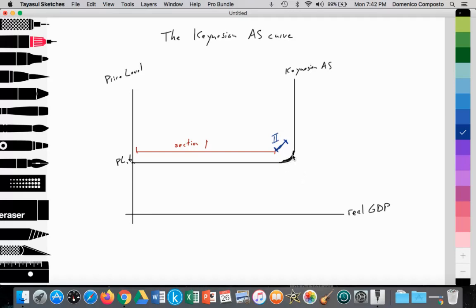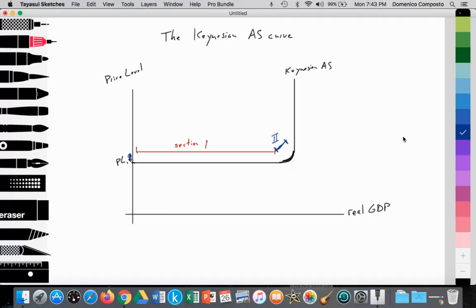So resources are beginning to become scarce, and as they become scarce, the price level begins to rise as firms begin to compete for the last remaining available resources. At this point, we're getting to full employment, and this is basically where macroeconomists want the economy to be.